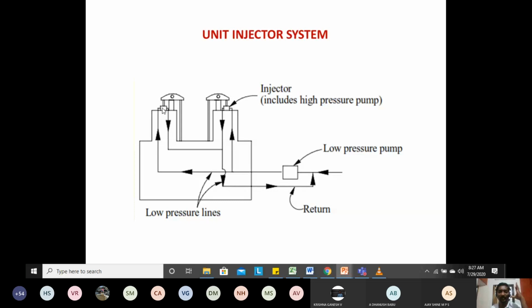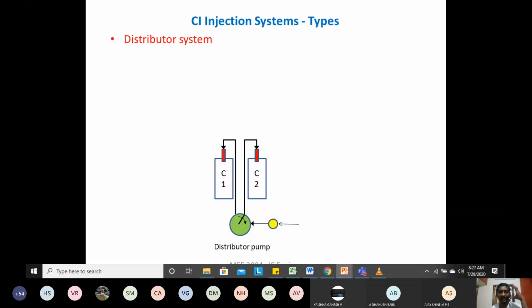This is a return line, through which the fuel comes back to the fuel oil tank. So there is only a low pressure line and there is no high pressure pipeline in the case of the unit injector system.